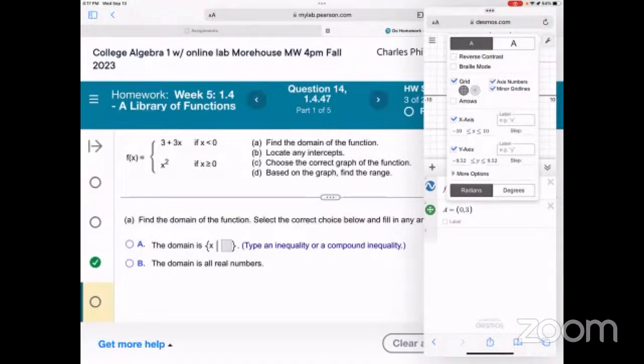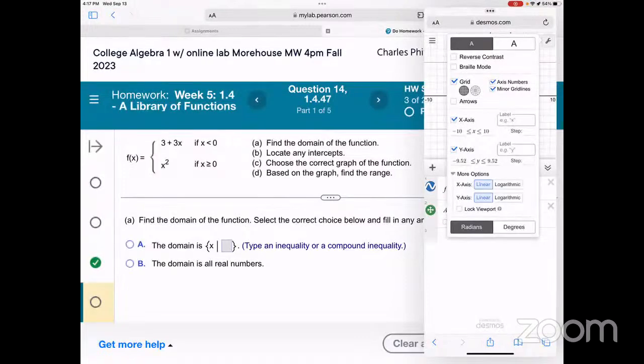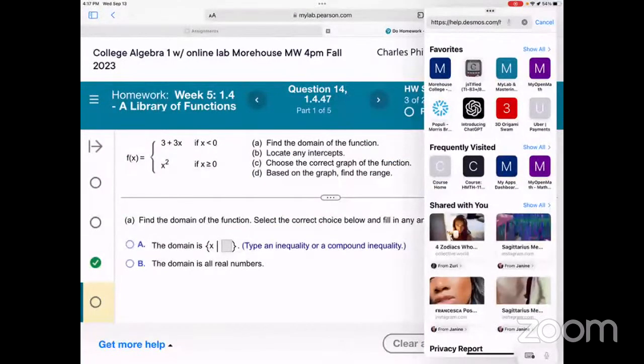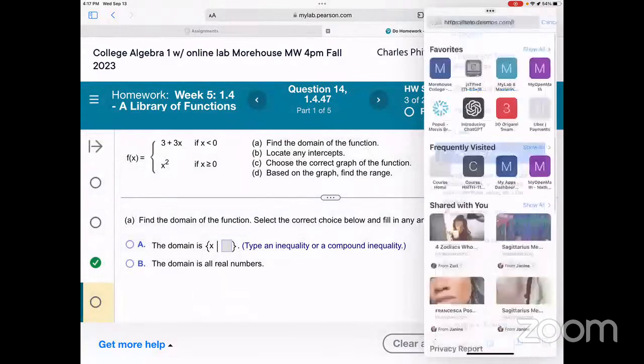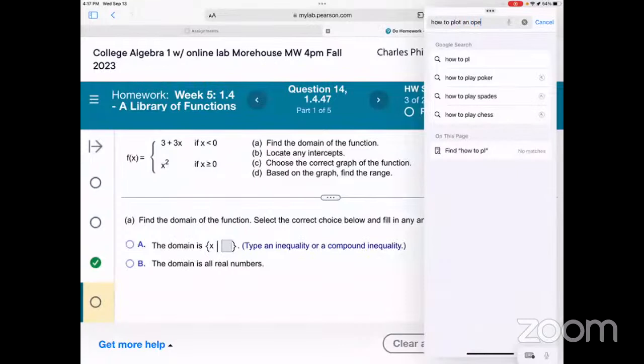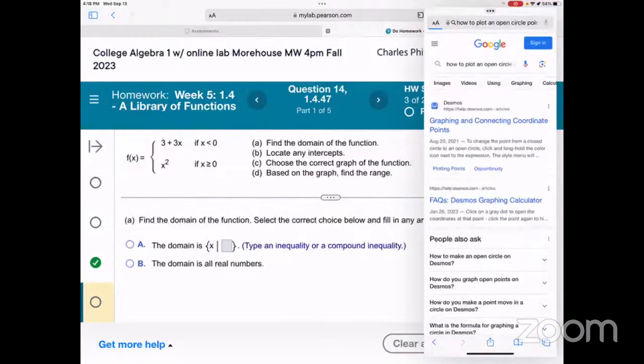Okay, let me hop over here again and search how to plot an open circle point in decimals. Let's see.